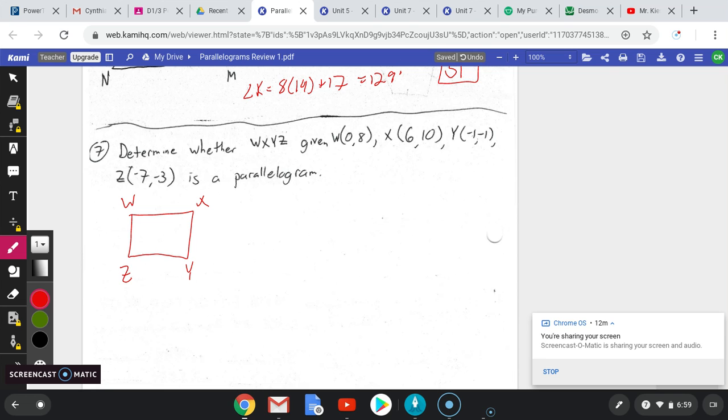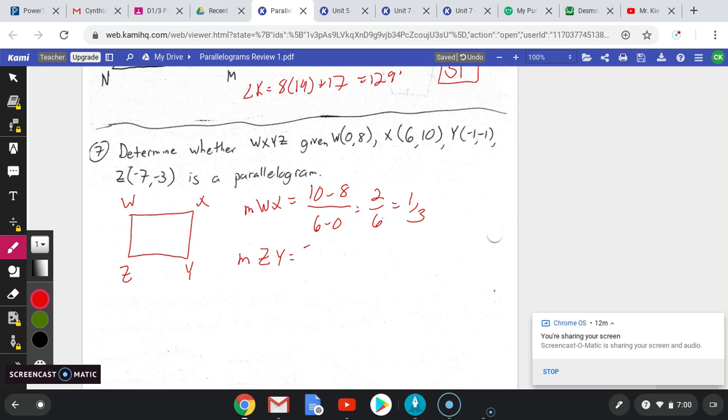So I would probably pick, I don't know, like WX and ZY first. So if I find the slope of WX, that would be 10 minus 8 over 6 minus 0, 2 over 6, which is 1/3. Now let me find the slope of ZY.